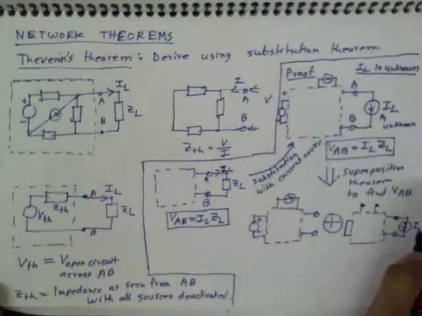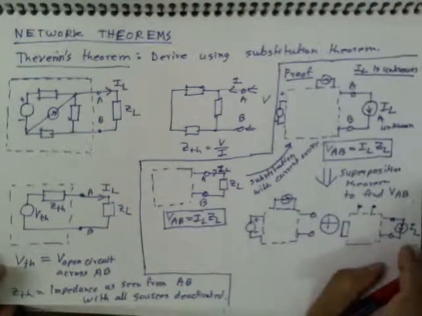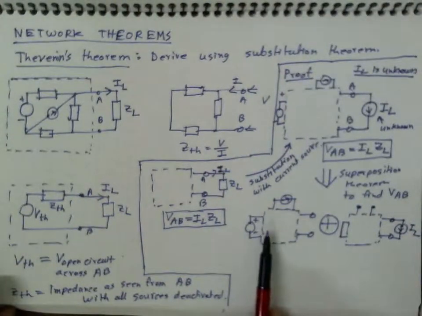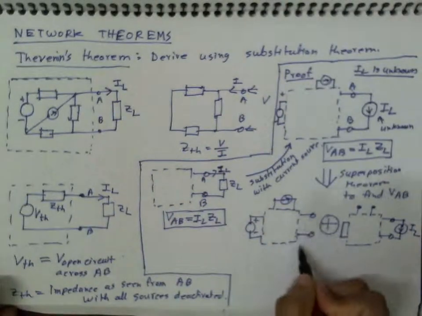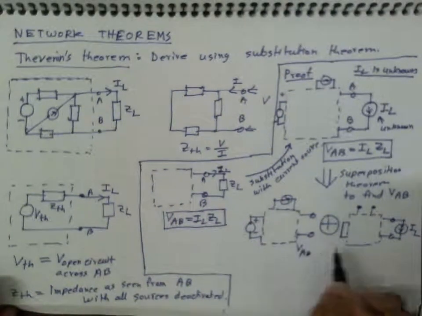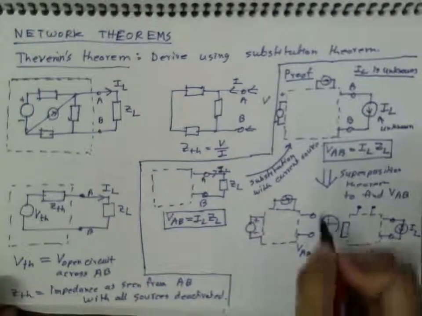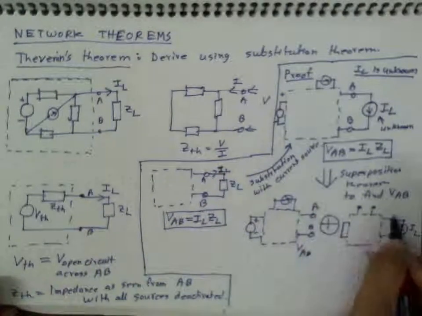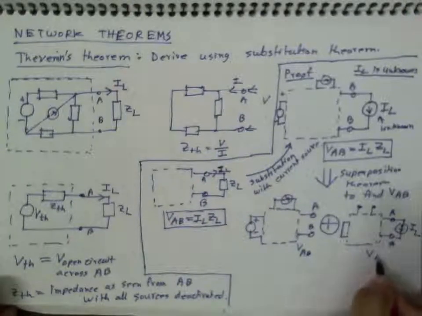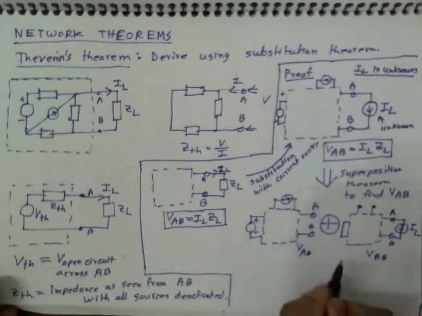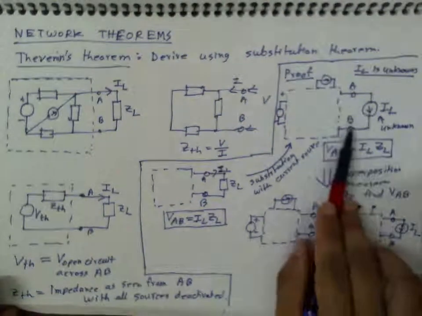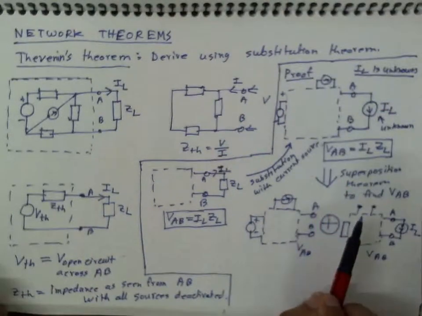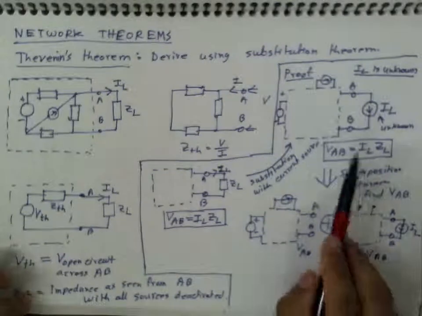So this is IL. This is one circuit and this is another circuit. If I find VAB for this one and VAB for this one, and add them, I will get the VAB here. That's the superposition theorem, right?